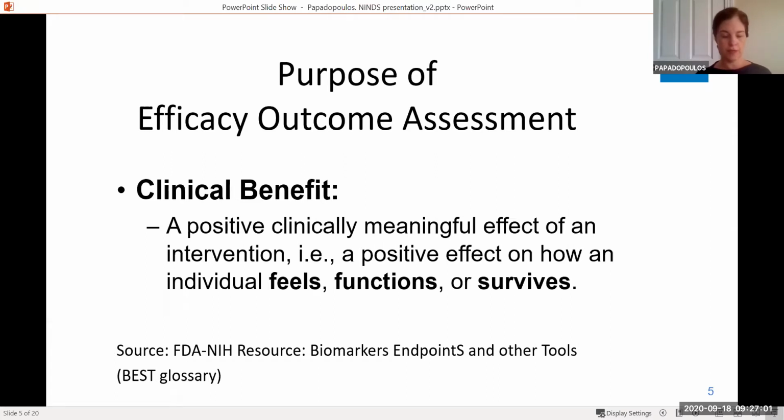And so I'm showing here the definition of clinical benefit, which is from the BEST glossary, and this is a living resource that was developed jointly by the FDA and the NIH to harmonize on concepts related to biomarkers, COAs, and other tools.